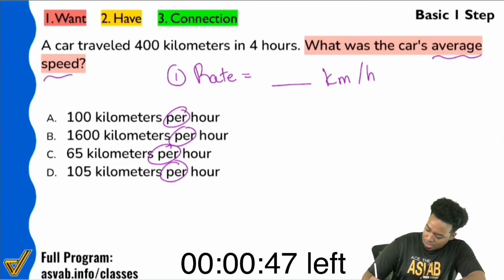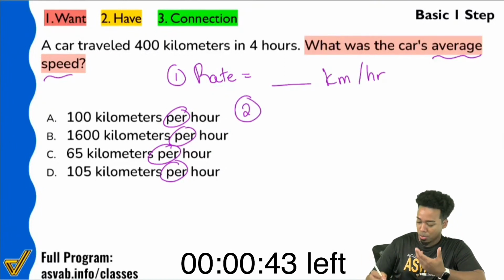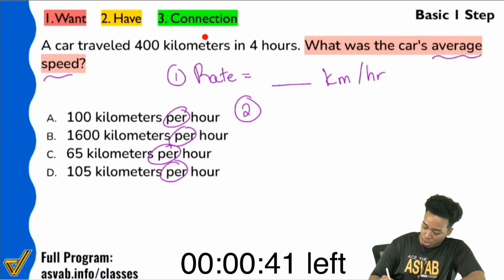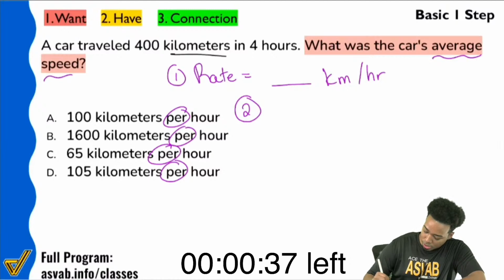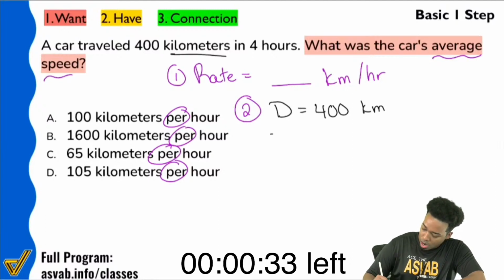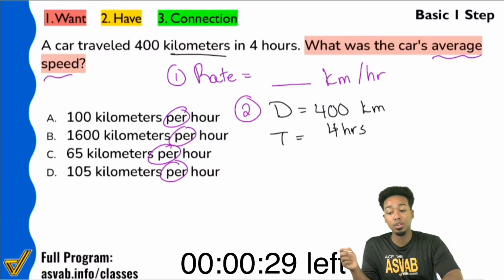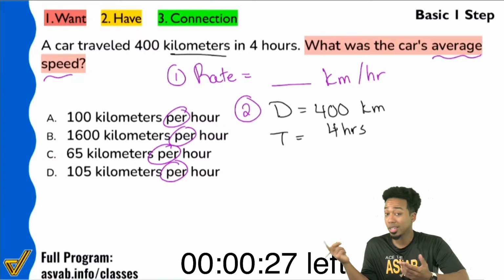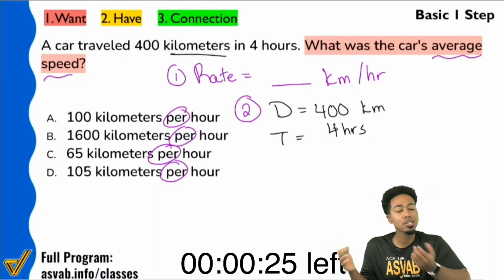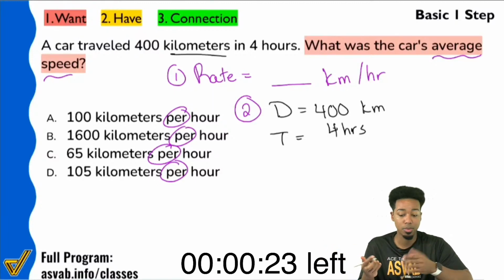And I'm even going to write this out, even though I don't need to. I'm going to waste some time to show you how smooth this can be. 400 kilometers in 4 hours. Okay, 400 kilometers, that's a distance. And then my time is 4 hours. So now that I know that there's a rate involved in this problem, there's a distance and there's a time, I'll set up the distance equals rate times time formula.